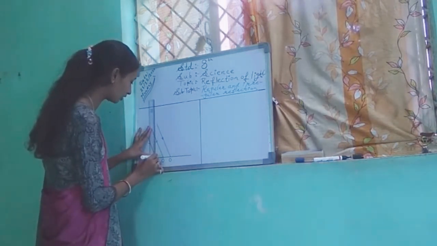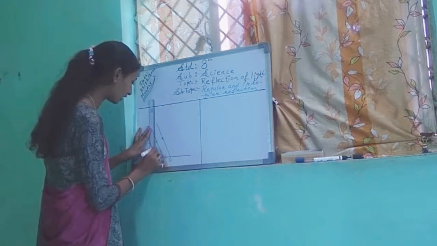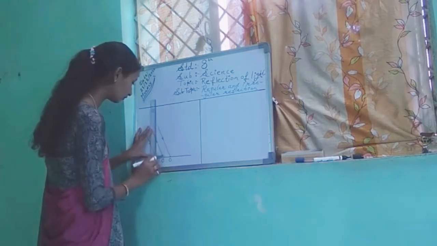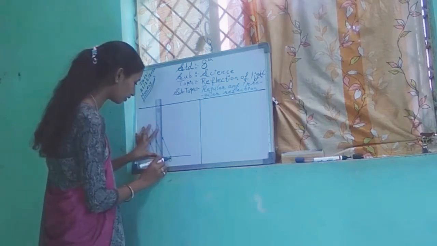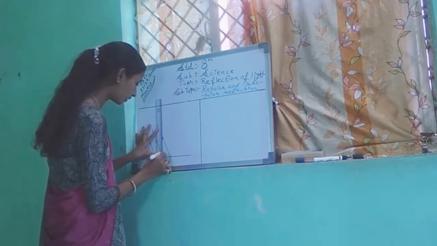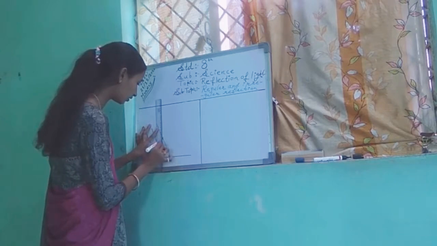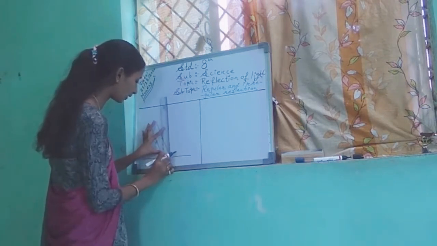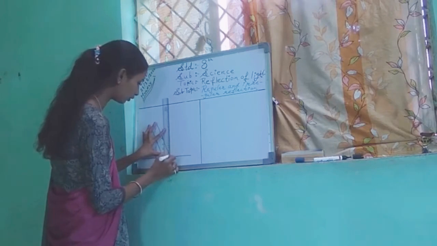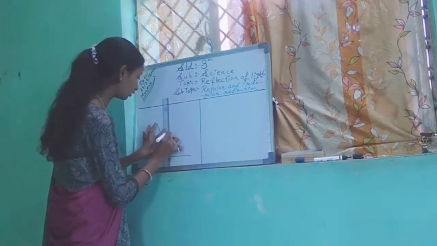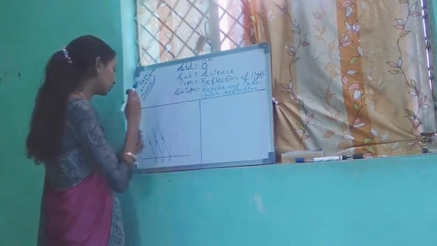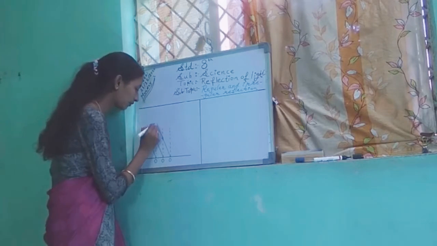We will draw the normal in dotted line. This will be the normal which is perpendicular at O. So these dotted lines represent the normal. Here we will say N.